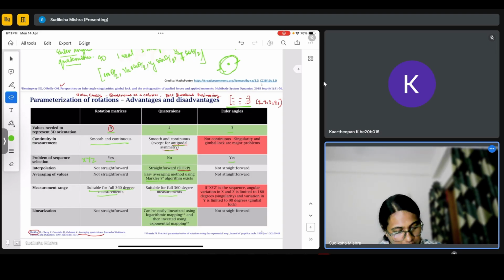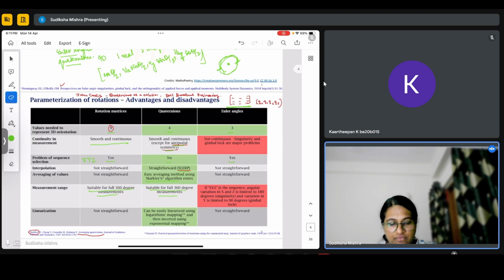In the case of Euler angles, this problem again comes because of the singularity, where you lose out on degrees of freedom. In the case of Euler angles, your measurement range decreases. There are certain points for which Euler angles cannot be computed. They can be computed, but they might not mean much.